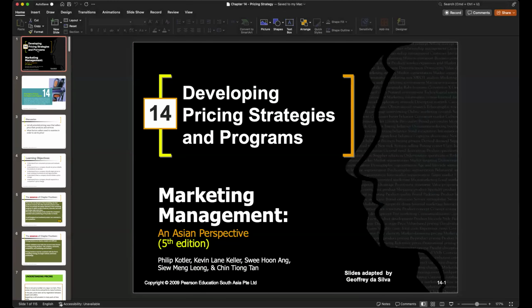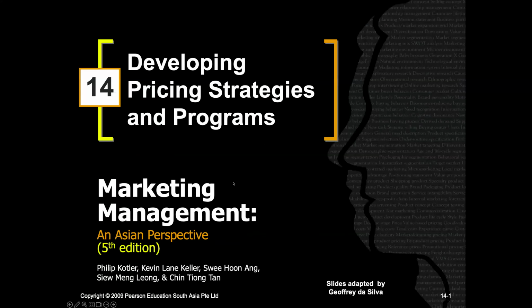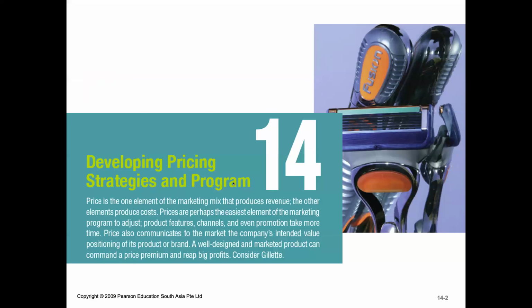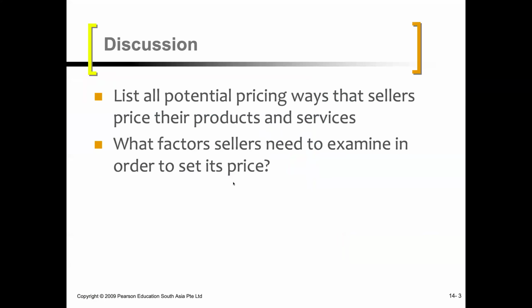All right. So last time, before the holiday, we covered segmentation and how to define target audience. So today we will be covering how to develop pricing strategy and the pricing program.